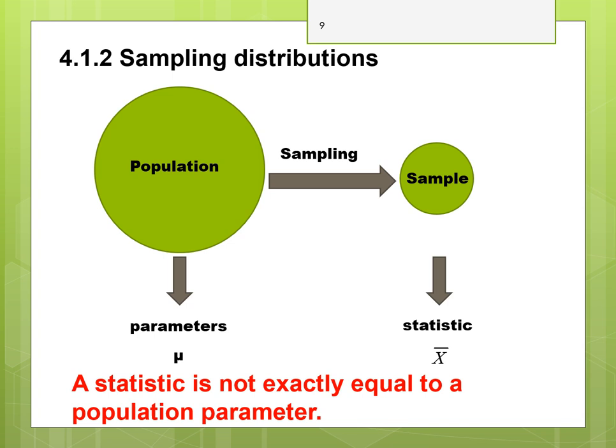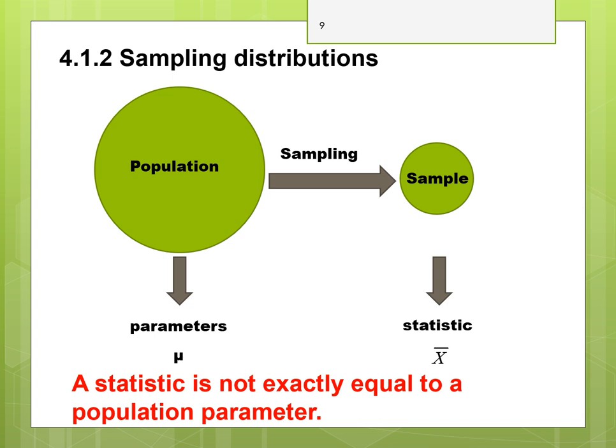In order to make inferences about a population, it's necessary to discuss sample results further. So when a mean x bar is obtained from a sample, we do not expect it to be exactly equal to mu, the population mean.